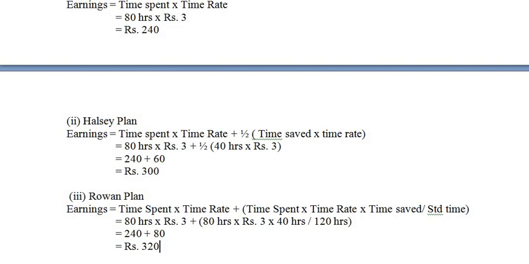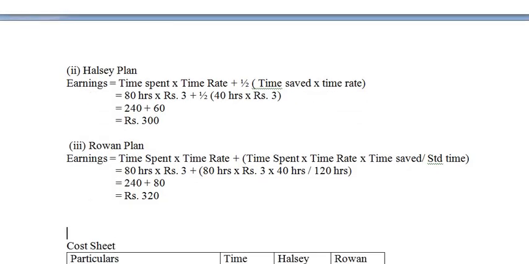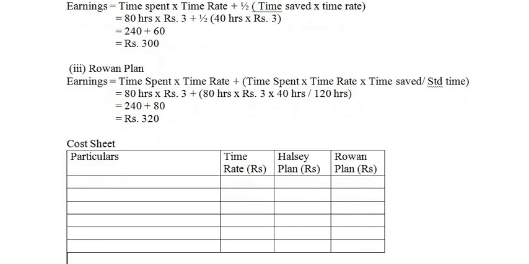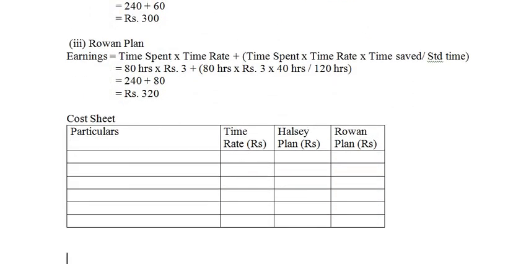Now they have asked us to calculate works cost. Right? It means a cost sheet has to be prepared. Okay. Now write down the heading again. Cost sheet. Now you will have to make 4 columns: particulars, time rate, Halsey plan and Rowan plan. Okay.